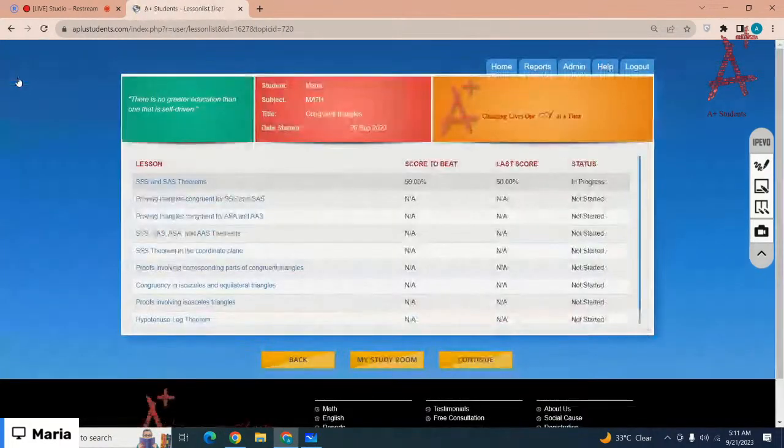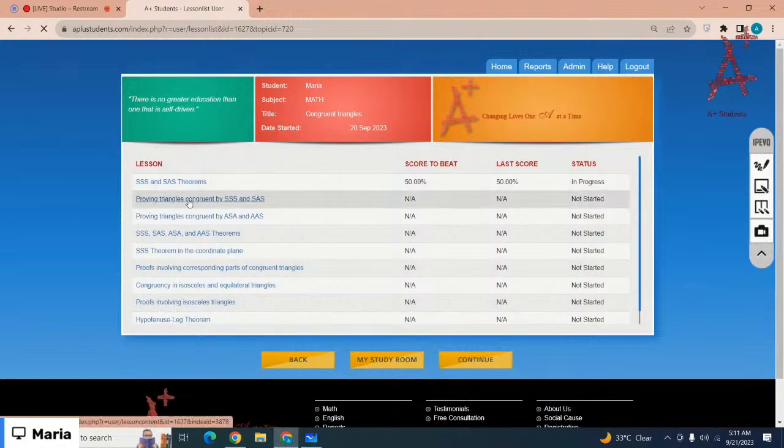The next lesson is proving triangles congruent by SSS and SAS. Okay, let's see which two triangles are congruent.